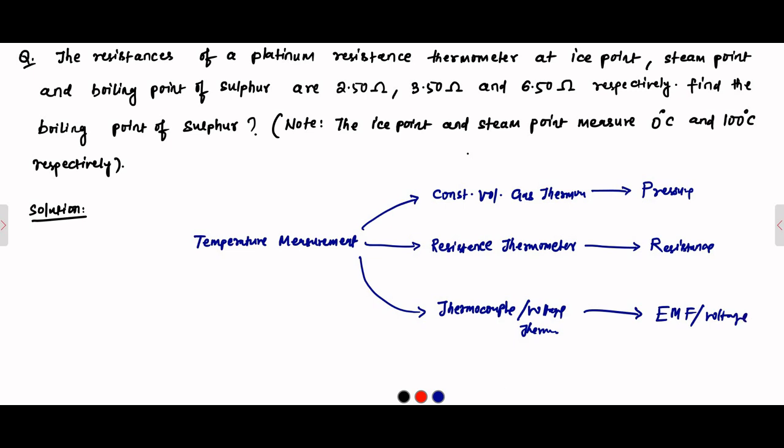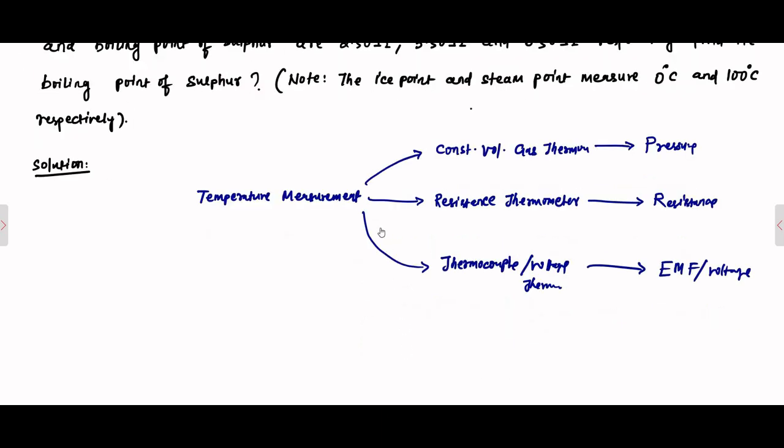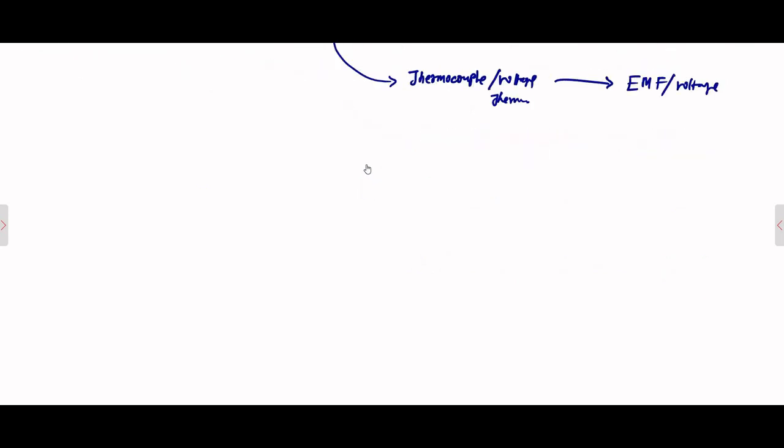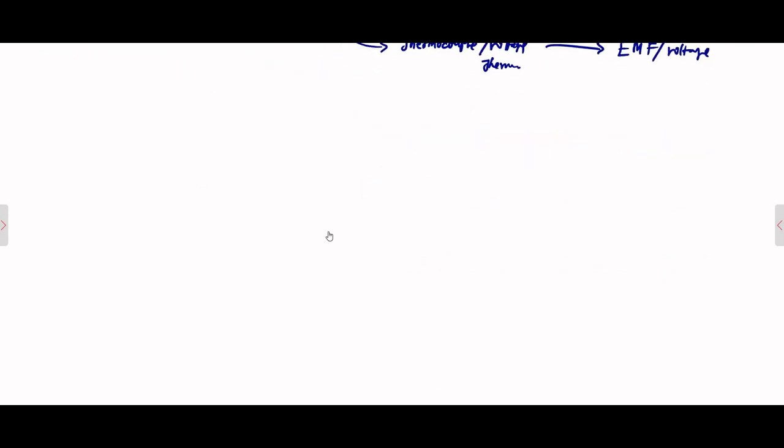So here the main working formula for measuring the temperature will be: let's say we have the resistance value at any particular temperature, according to any scale.